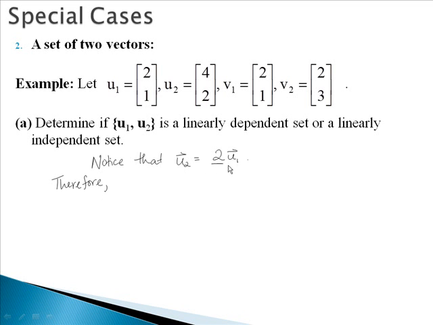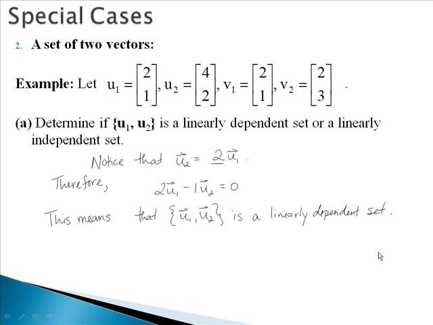Therefore, we could solve this equation by simply subtracting u2 over to the other side, and we would then have 2u1 minus 1 times u2 is equal to 0. And so we've set up a linear dependence relation simply by noticing that we had multiples. So this means that the set of vectors u1 and u2 is a linearly dependent set, since we could come up with a linear dependence relation.